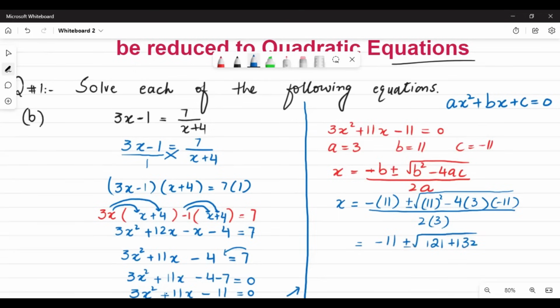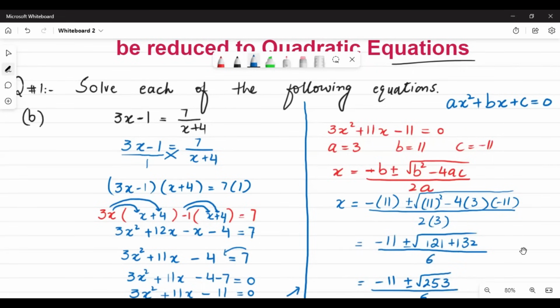Square root of that divided by 3 2s are 6. Minus 11 plus minus, when we add 121 plus 132, the answer is 253. Square root of 253 divided by 6.